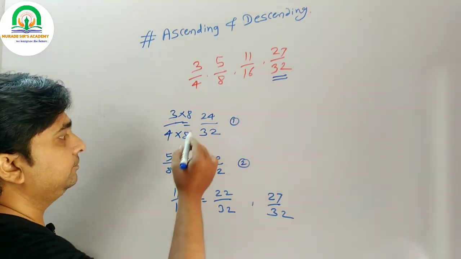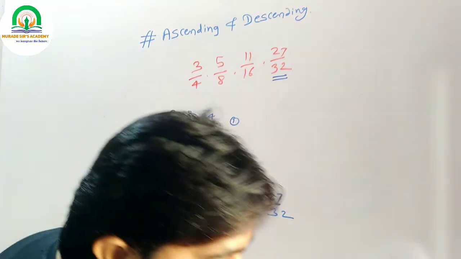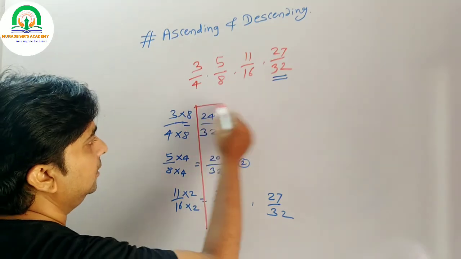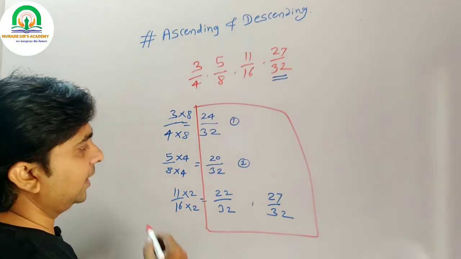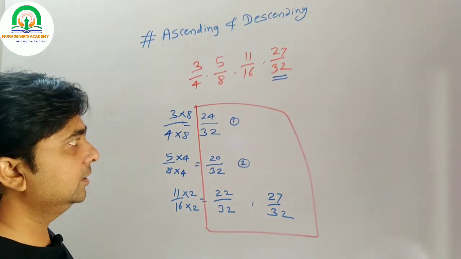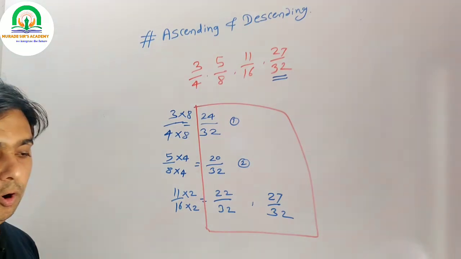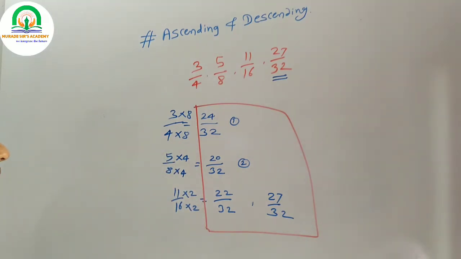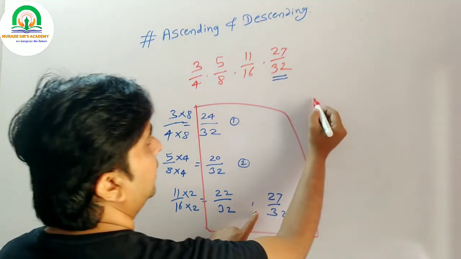Now we know like fraction comparison. These are now like fractions, all denominators are the same. Okay, all denominators are the same, so who is the greatest? The greatest numerator gives the greatest fraction, so 27 is greatest.